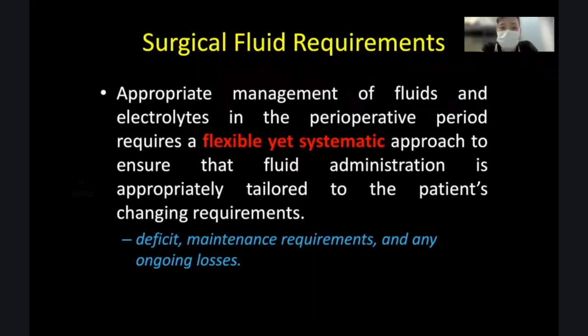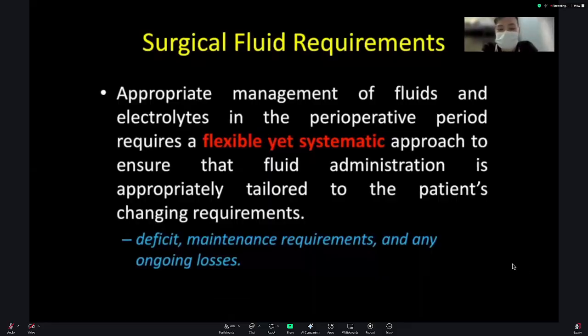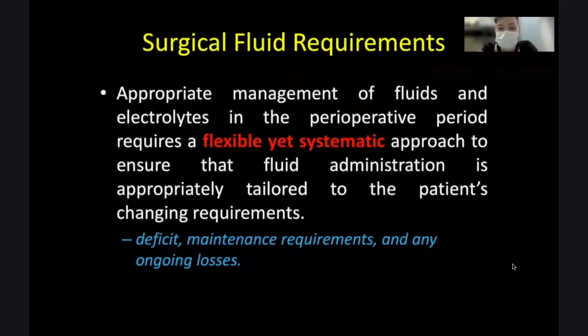Surgical fluid requirements. For the surgical fluid requirements, appropriate management of fluids and electrolytes in the perioperative period. When you say perioperative period, that includes preoperative, before surgery, during surgery, and post-operative period, after the surgery. This requires a flexible yet systematic approach to ensure that fluid administration is appropriately tailored to the patient's changing requirements.